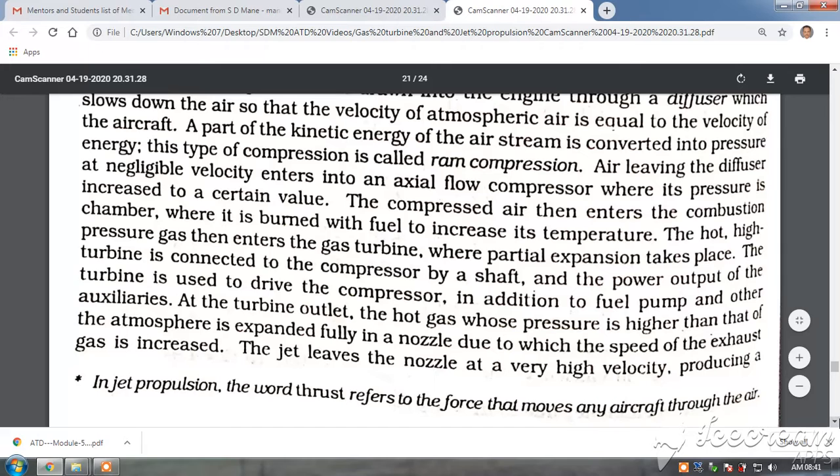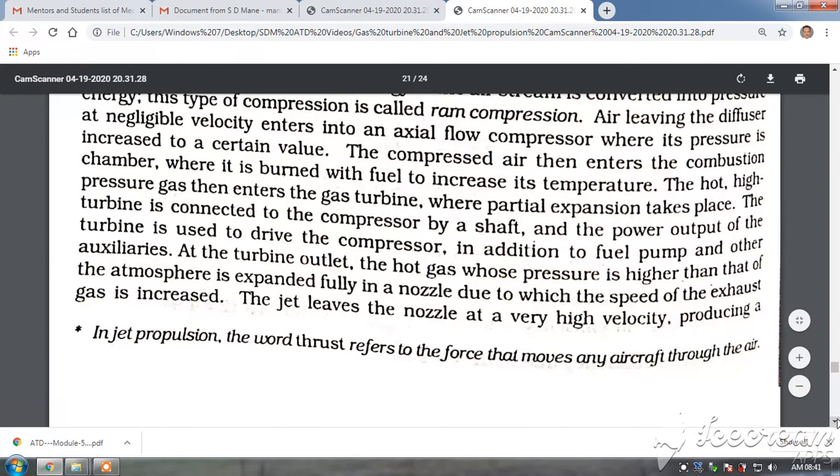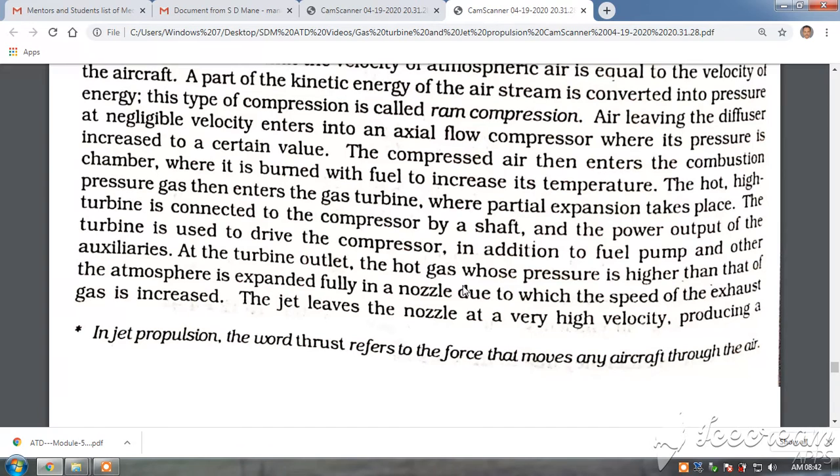The power of the turbine is not only used for the compressor but also for driving the fuel pump and other auxiliary systems. At the turbine outlet, the hot gas, whose pressure is slightly higher than the atmosphere, is expanded fully in a nozzle, due to which the speed of the exhaust gas is increased.